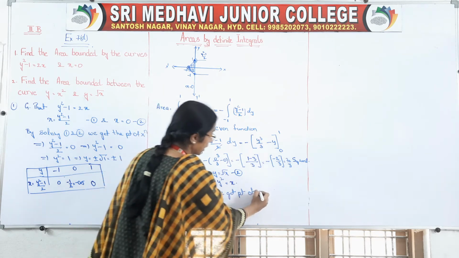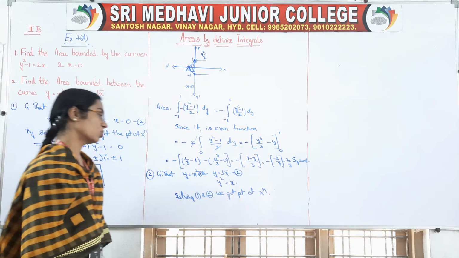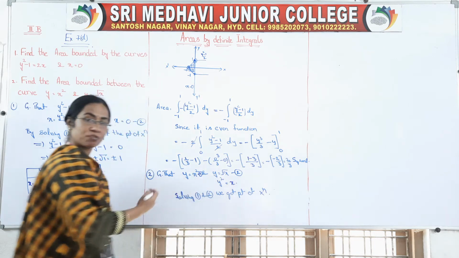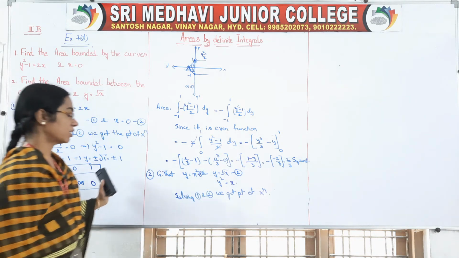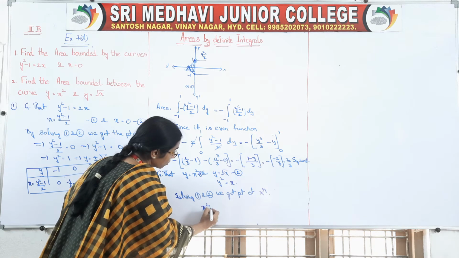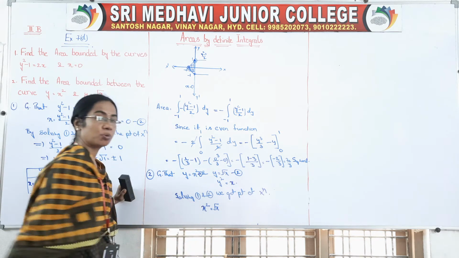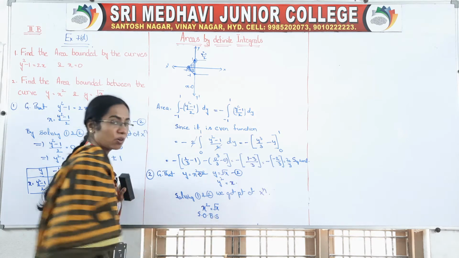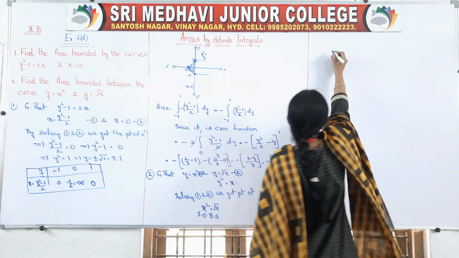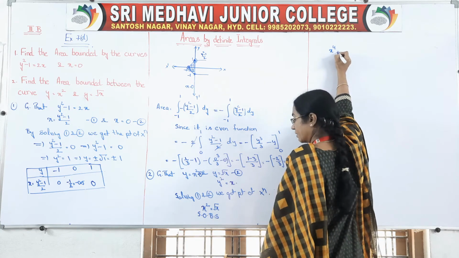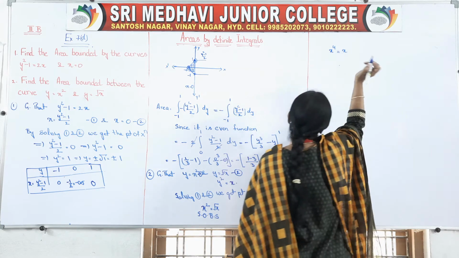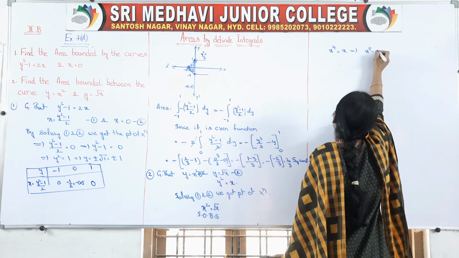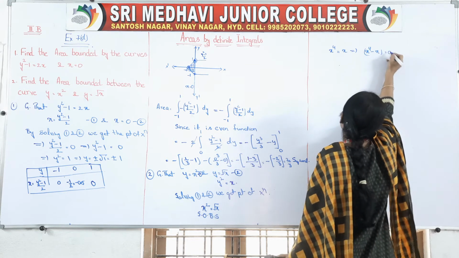How will we solve? We have to equate the y values only. Left side y is there, so it is x square is equal to root x. Squaring on both sides, we will have x to the power of 4 is equal to x, as the root square will get cancelled. So x to the power of 4 minus x is equal to 0.